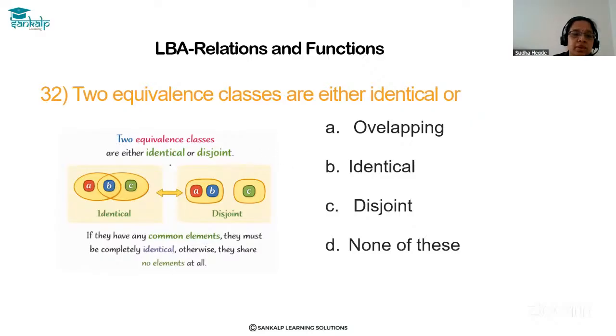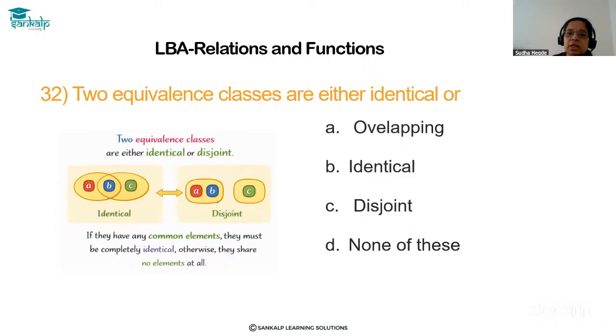See here, A, B, C. If B is common, then that is identical. Here in this partition, A, B and C, one more partition. There's no common element between these two. Then they must be disjoint.